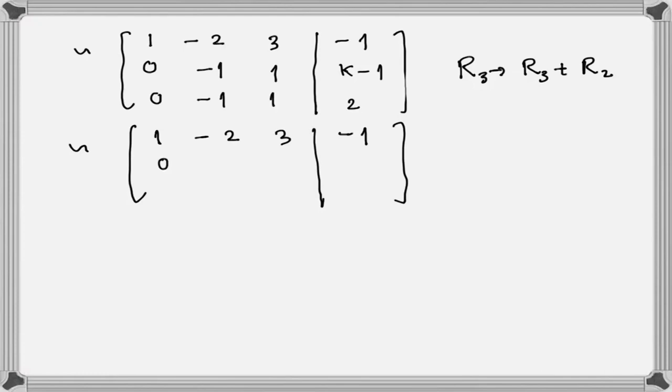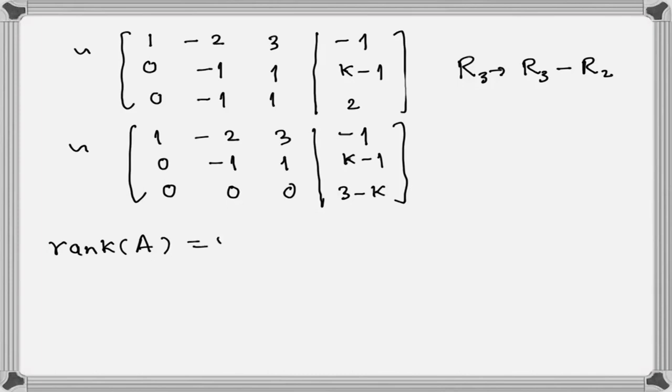There is no change in the second row, 1 k minus 1. Then this becomes 0. Sorry, I think no, not plus, it should be R3 minus R2. Okay, then this becomes 0, and this becomes 0. All right, and then this becomes 3 minus k. So now what is the rank of A here? Rank of A is anyway 2.